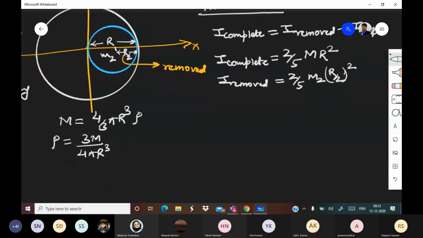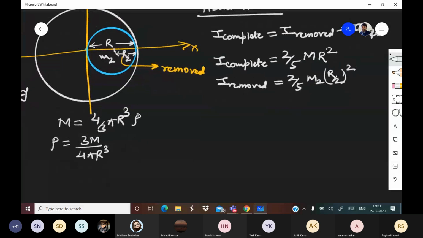So if we use that density to find the value of M2, M2 will be the volume of the smaller part, 4 by 3 into pi into R by 2 cube into rho. If you put all these values, you are going to get M2 as M by 8.